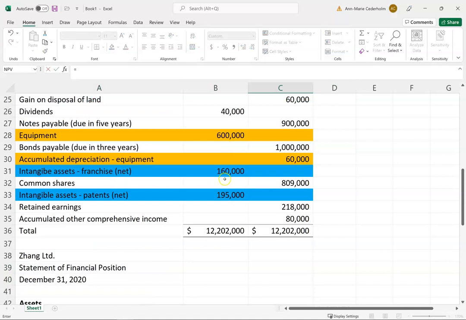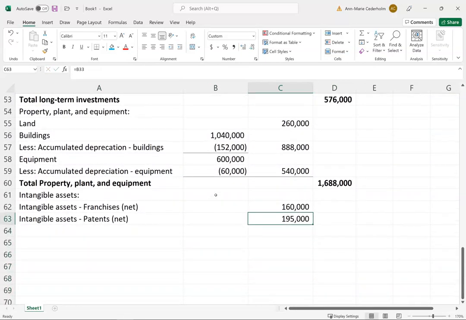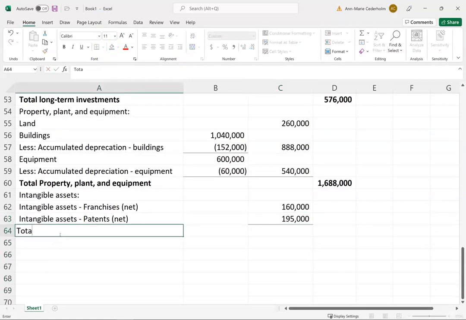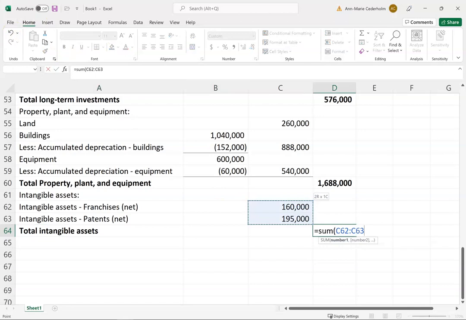That was my 195. And I didn't see any other ones, so I'll go ahead and add these up. So total intangible assets. Oh, why did I just do that? There we go. And I'll just put the subtotal right here.